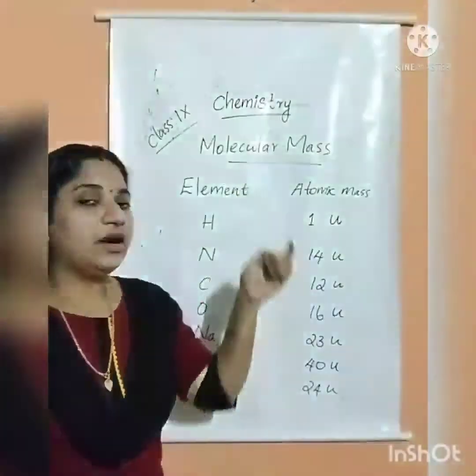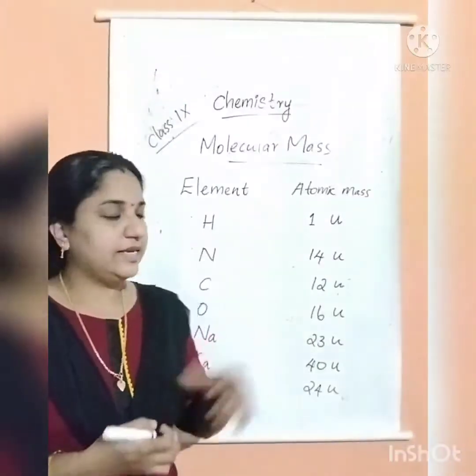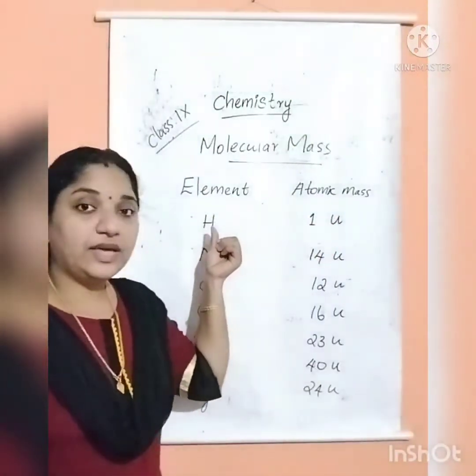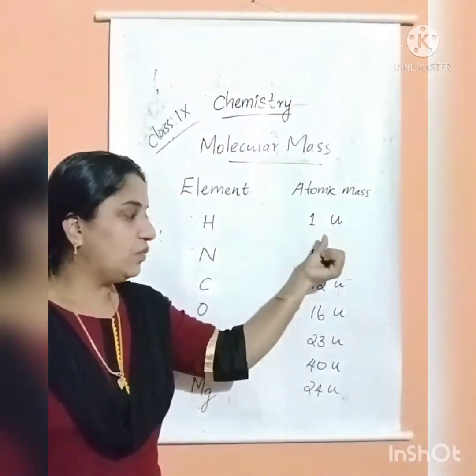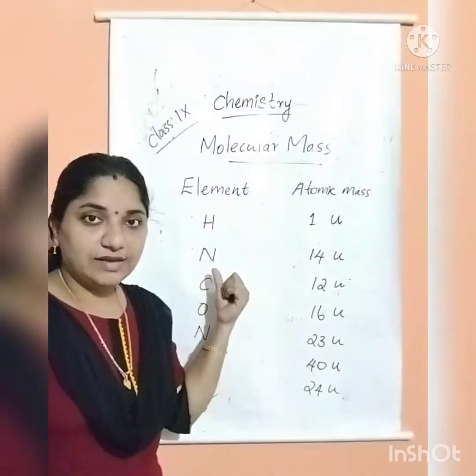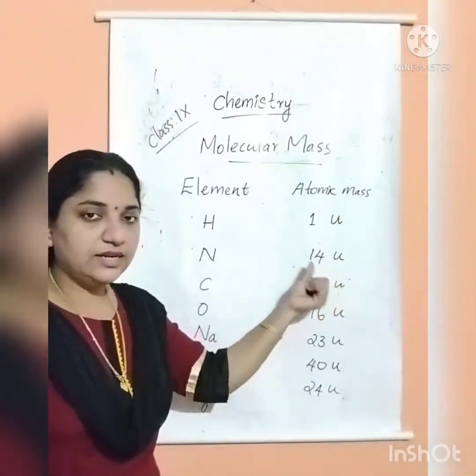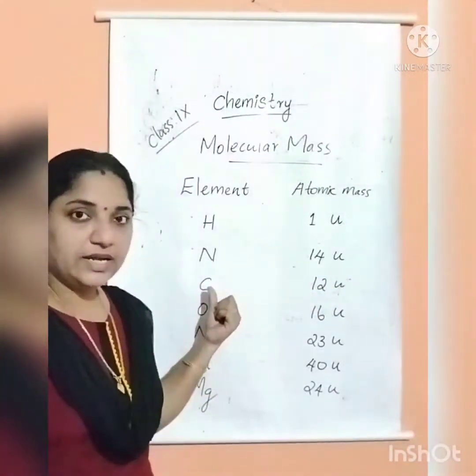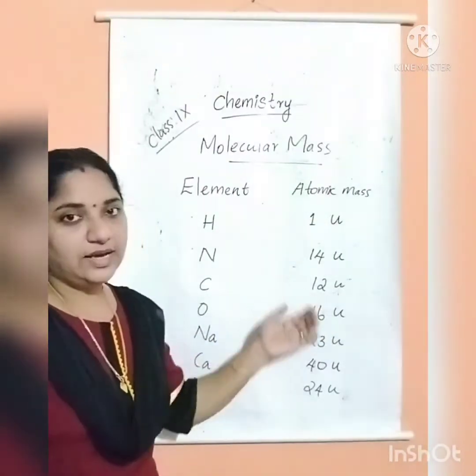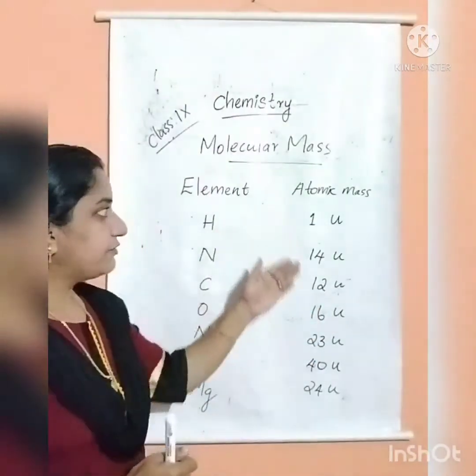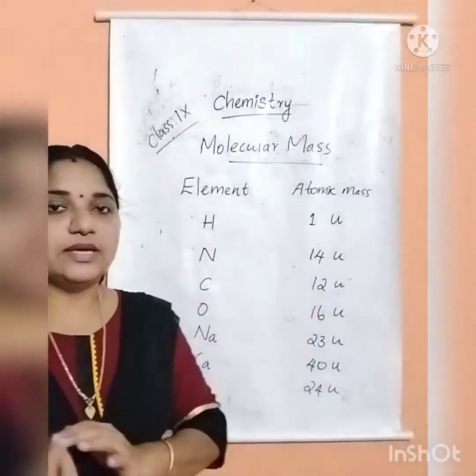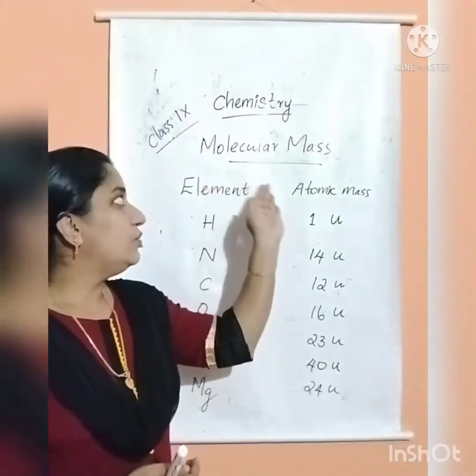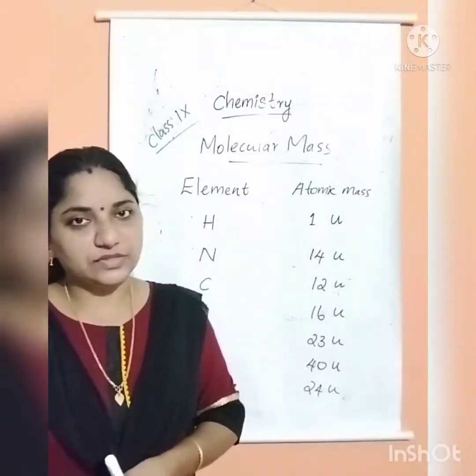The mass of an atom is known as atomic mass. The mass of a hydrogen atom is 1, a nitrogen atom is 14, a carbon atom is 12, and so on. With the help of this atomic mass, we can calculate the molecular mass of different substances.